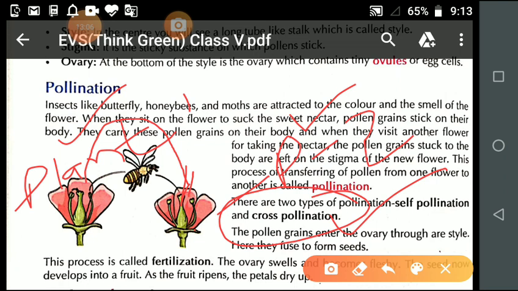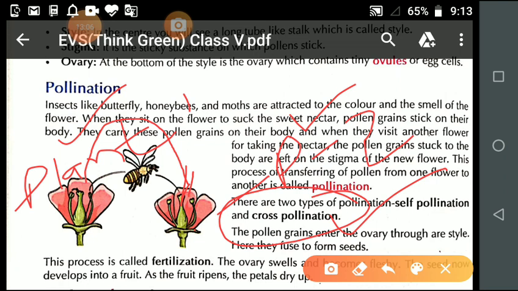This process of transferring pollen from one flower to another is called pollination.